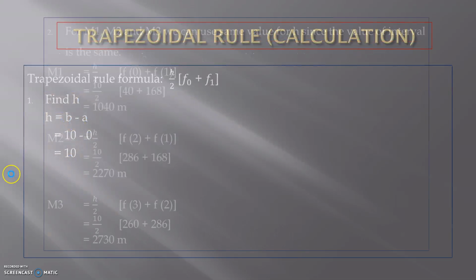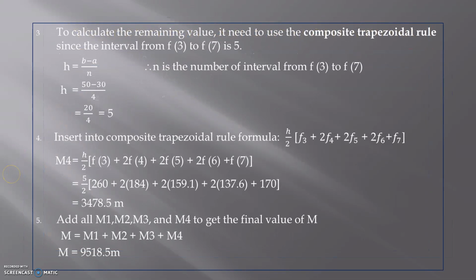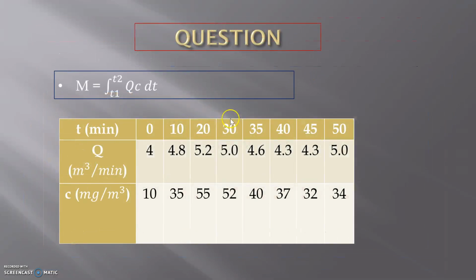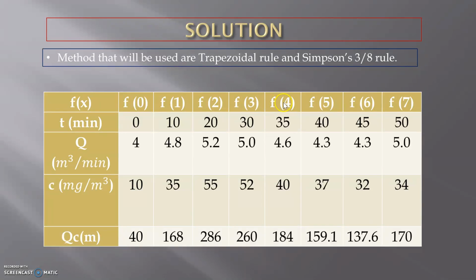So the value of h will change, and we need to find it. For the trapezoidal rule, h is equal to b minus a over n, where n is the number of intervals from function of 3 until function of 7, where n will be 1, 2, 3 and 4.